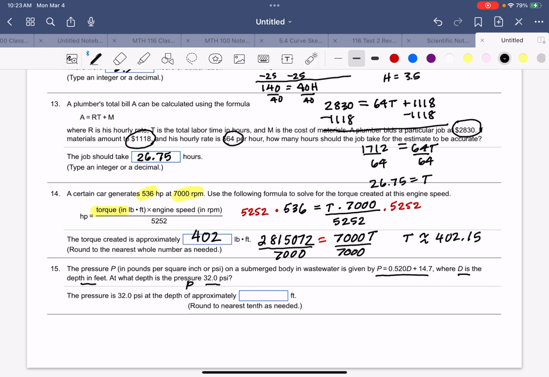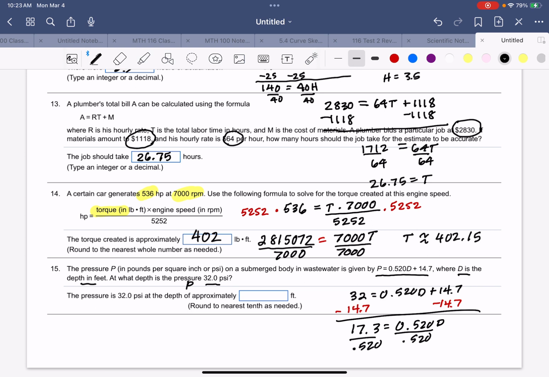So my pressure is 32, 0.520 D plus 14.7. So the first thing I need to do is subtract away this 14.7 from both sides. That gives me 32 minus 14.7, 17.3 equals 0.520 D. Now divide by 0.520.